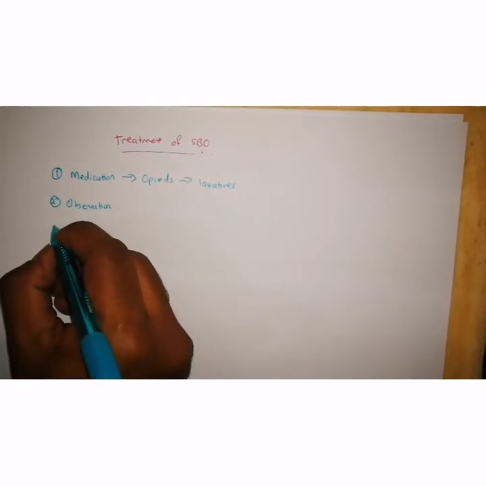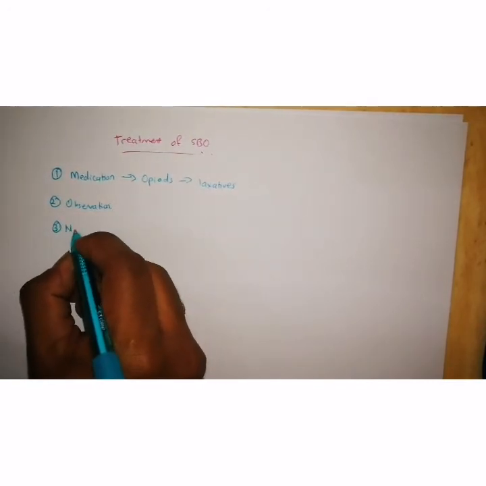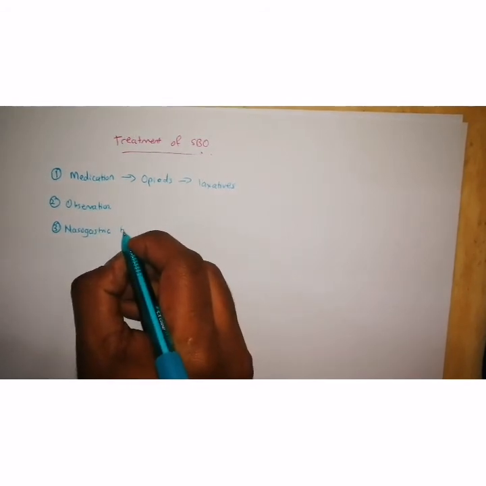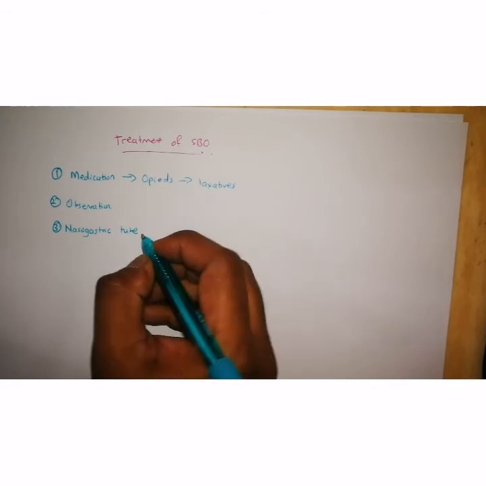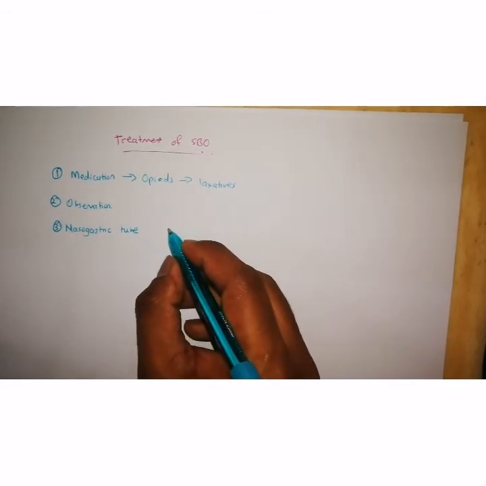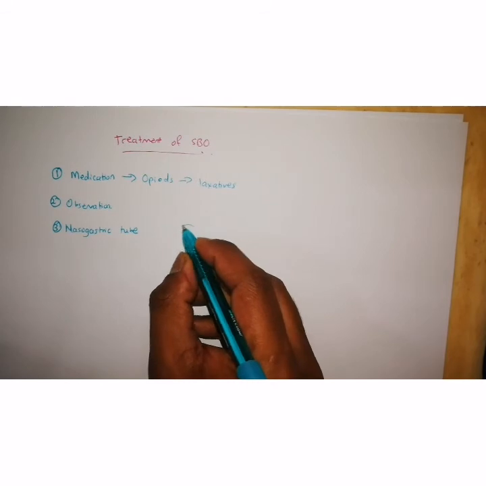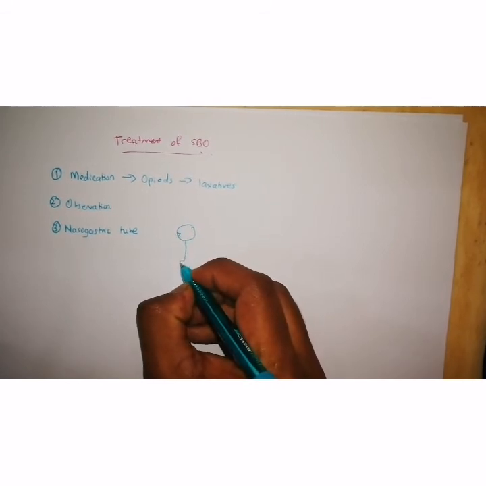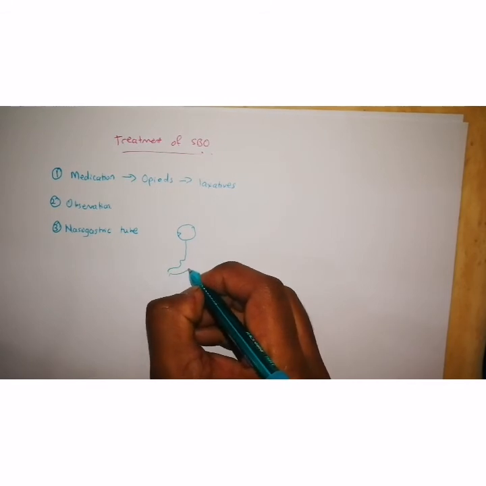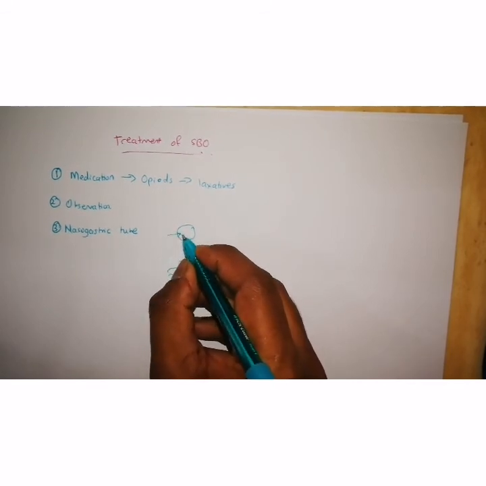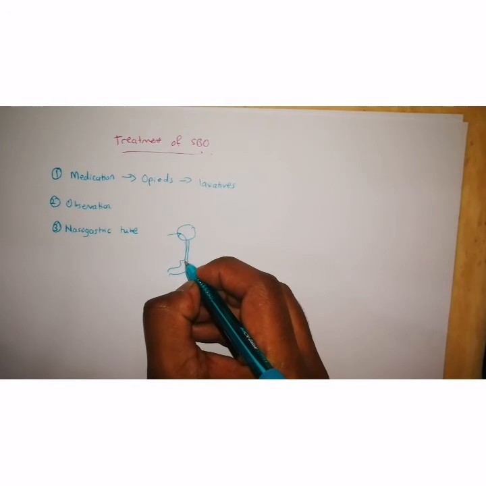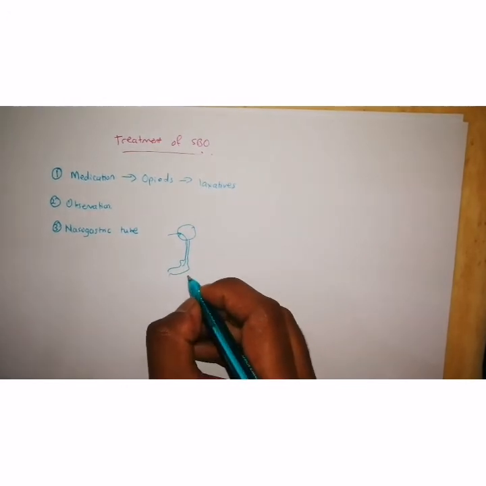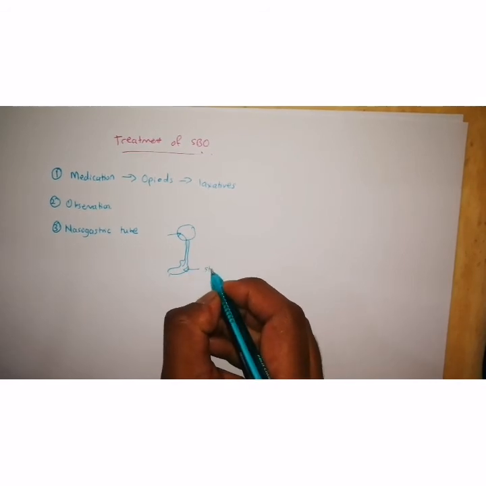Next, the doctors will put a nasogastric tube, which is a narrow tube that goes down into the stomach from the mouth, and it removes the fluid and gas that builds up in the stomach.